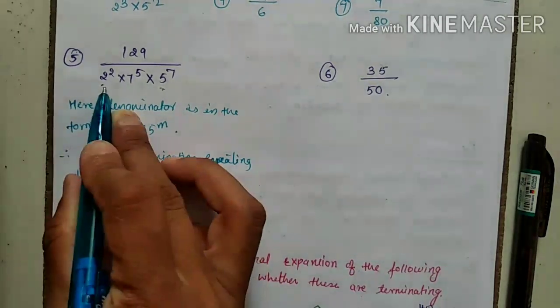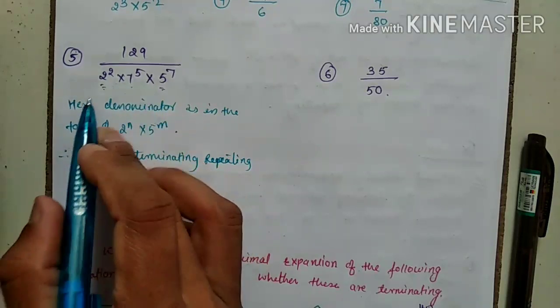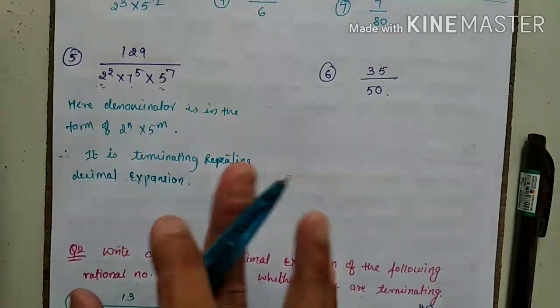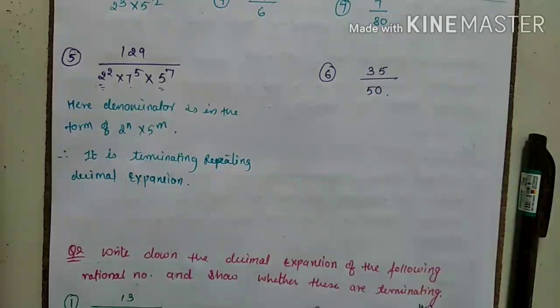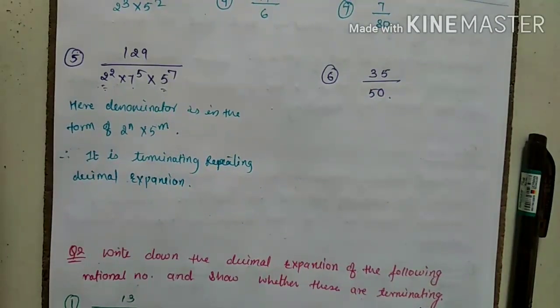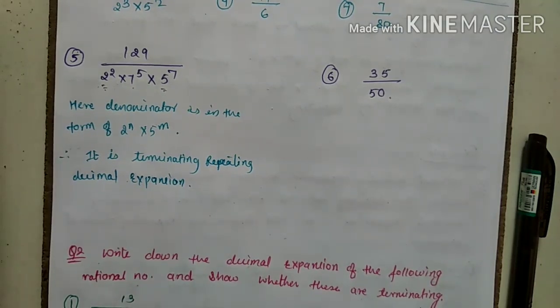See here, you are getting 2's power and you are getting 5's power. You are including 7 also. As you know, these 2 terms I am getting, that means it is terminating, correct or not? But I am getting some extra. Whenever I get some extra number together with the 2's power and 5's power, then I can say that this is a terminating but repeating decimal expansion. Is it clear?